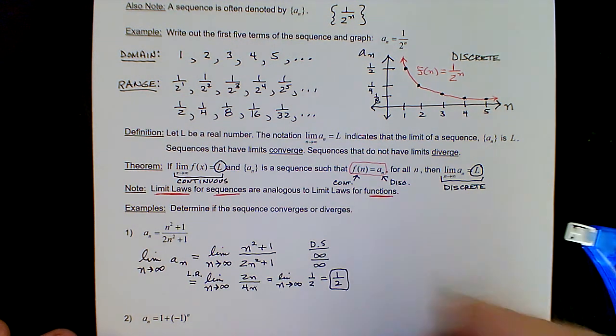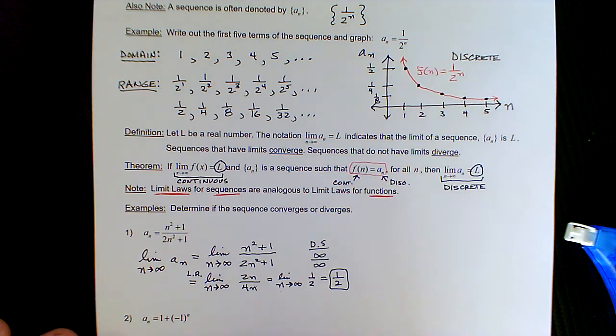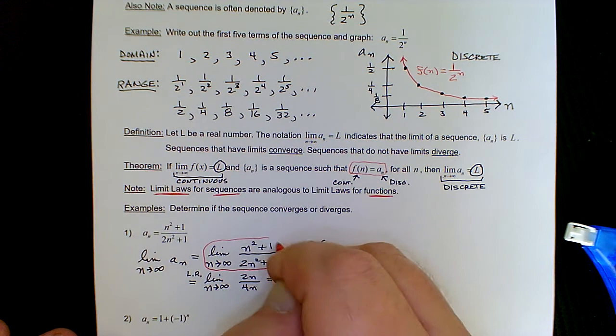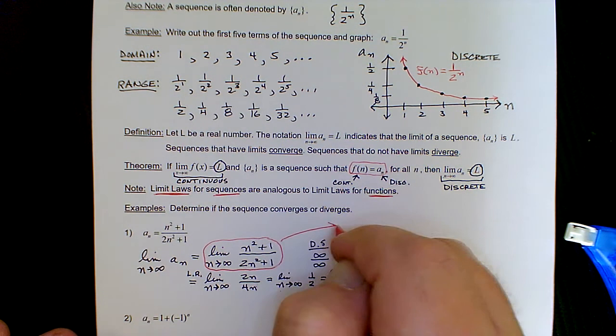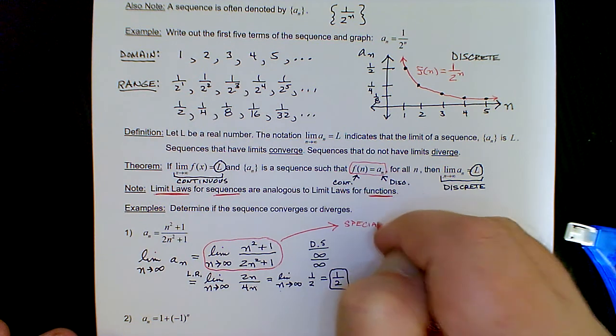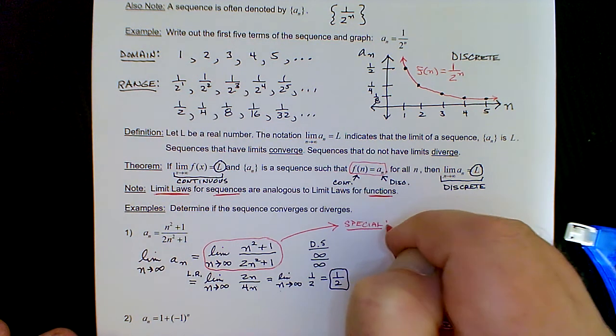Now remember the special case? This is the special case that from now on, we're going to use every time, so make sure you know that this is special in terms of the evaluation of the limit.